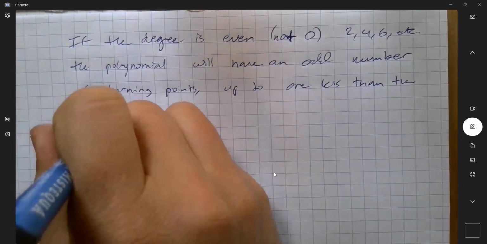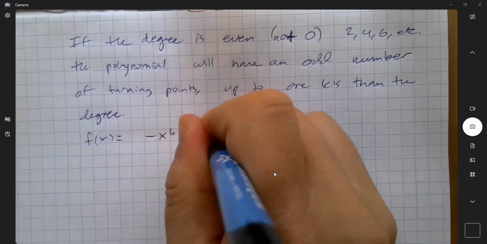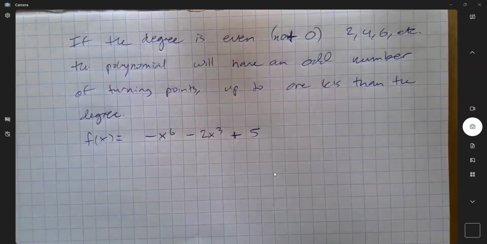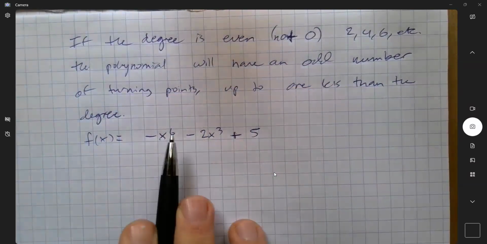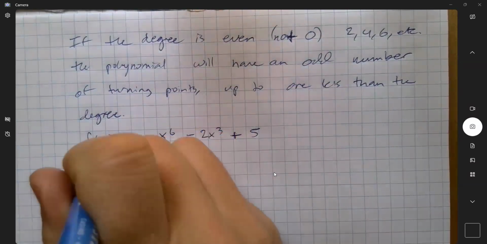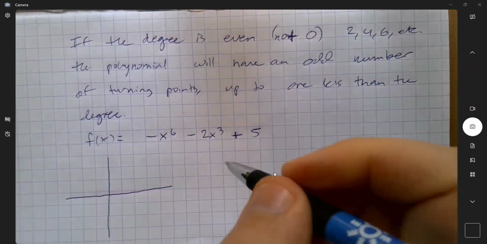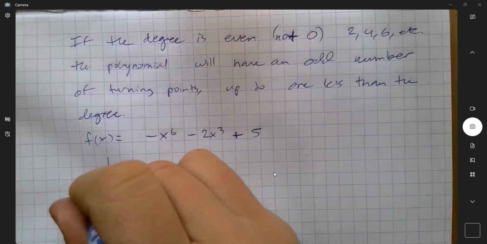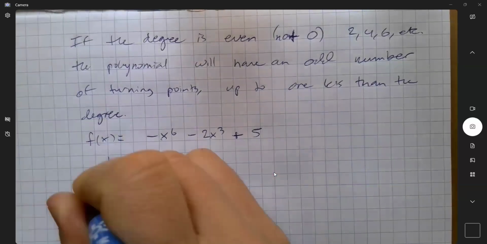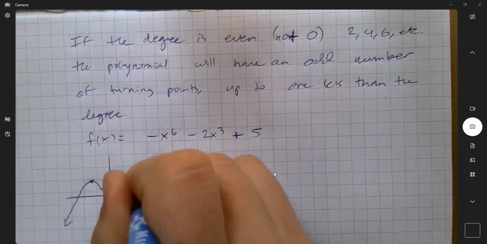So if my function was, let's say, negative x to the 6th minus 2x cubed plus 5, I'm not bothering with a lot of the interior terms, but the degree is still 6 because that's the largest power. Then I could have something that has 5 turning points, 1, 2, 3, 4, and 5.